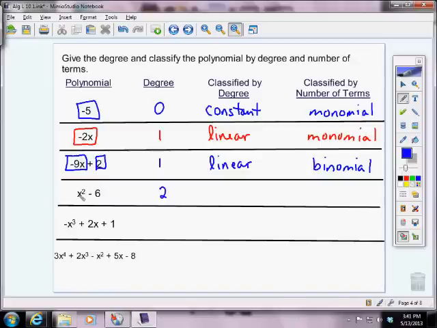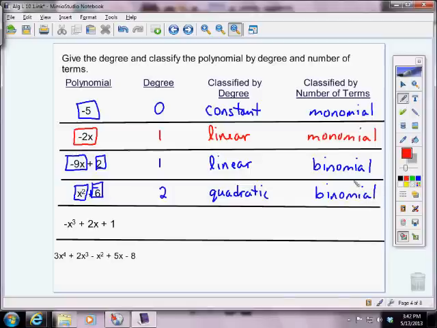If your degree is the second power, it's a quadratic function. So here's what we've got so far. No variable is constant. Variable to the first power, it's linear. Variable to the second power is quadratic. Now, how many terms does this have? 1, 2. So this is also going to be a binomial.